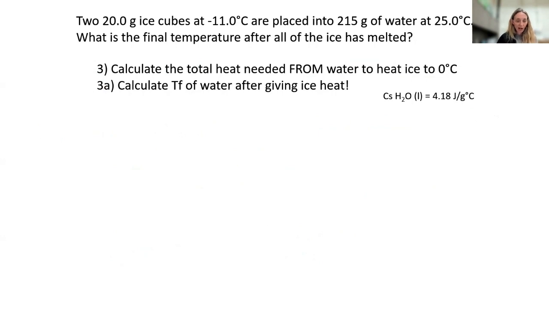Okay, so we have that number, and now we can calculate the temperature of the water after giving the ice that heat. Okay, so total heat needed is going to equal negative mCs delta T. Okay, and the water is going to give the heat to the ice.